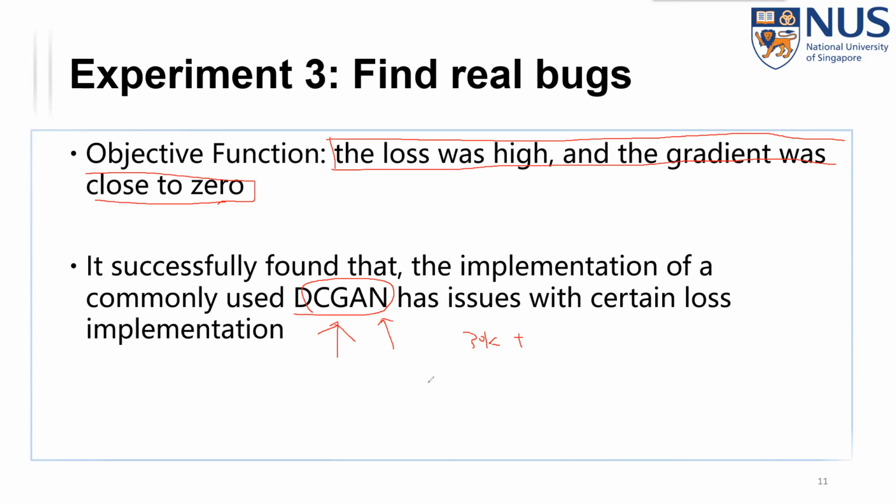Usually when the loss is high, it will trigger more change or evolution. But when we find the gradient actually goes to 0, it means the network structure has some gradient disappearing problem, or the gradient diminishes because of the architecture or something else.